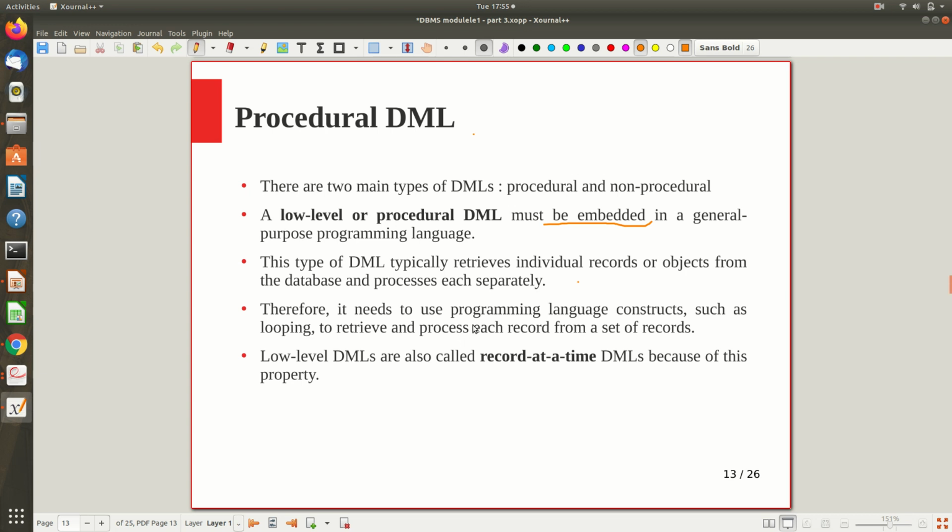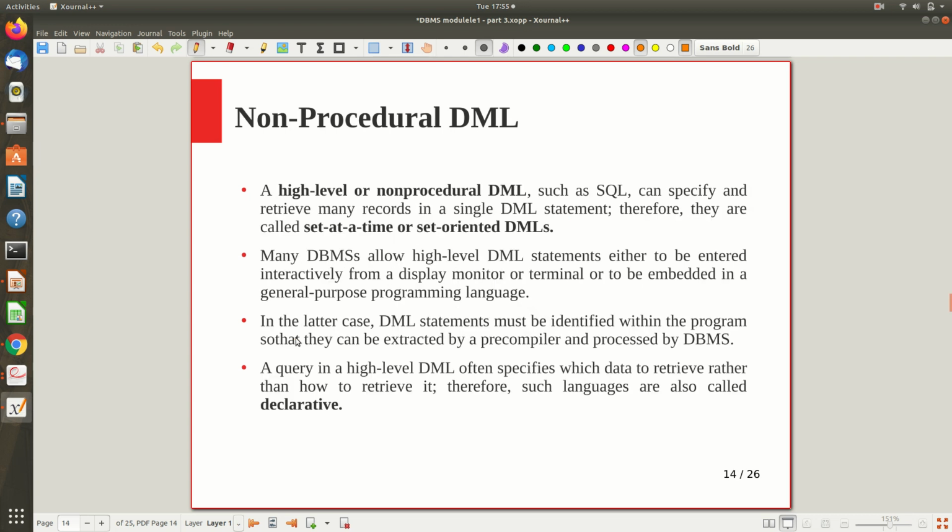Therefore it needs to use programming language constructs such as looping, because you want to iterate among the database, one after another. Without a programming language's help, they can't exist independently to retrieve and process each record from a set of records. So low level DMLs are also called record-at-a-time DML because of this property.